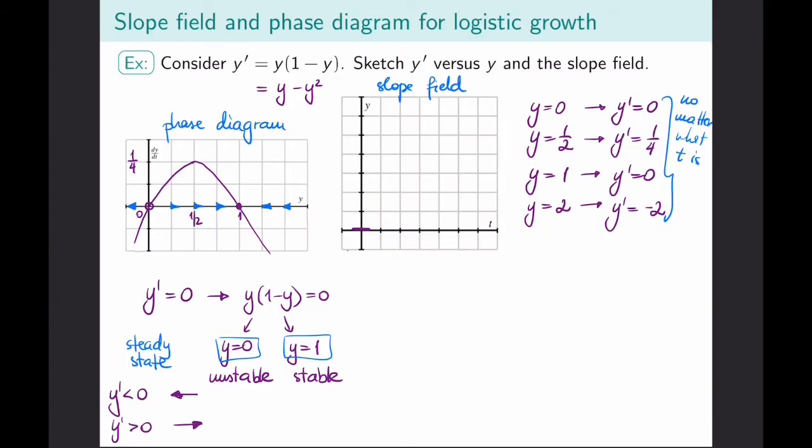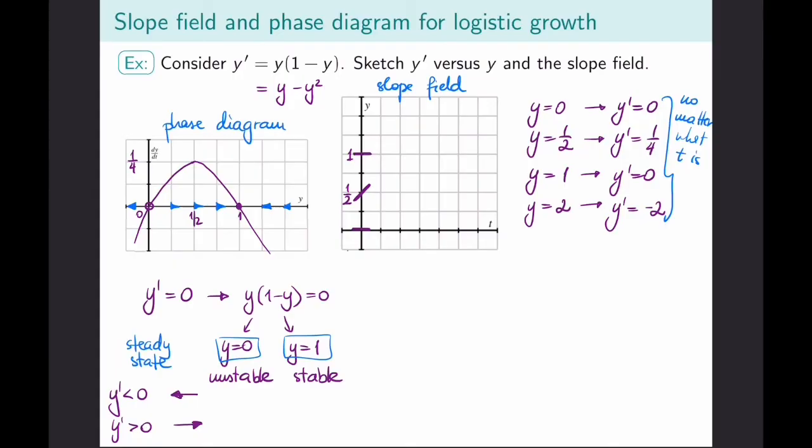For y equals 1/2, let me maybe decide that this is going to be where 1 is. Then 1/2 is over here, and I have that the slope is 1/4. So 1/4 is going to be a slope that looks something like this. At 1, I am back at the slope equal to 0, so completely horizontal.